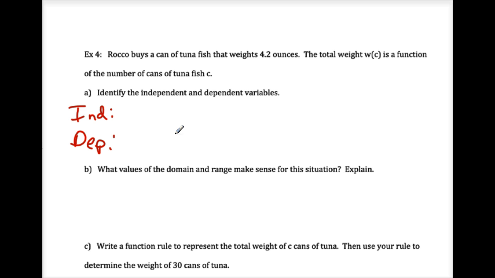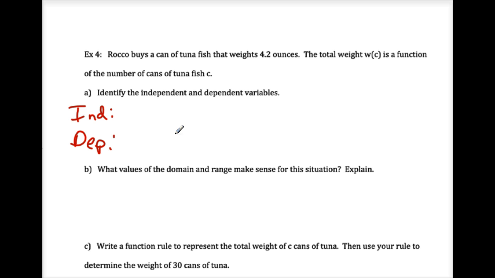Let me say it again. If you're confused about which one's dependent and which one's independent, say, does this one depend on that one, or does that one depend on this one? Does the weight depend on the cans, or do the cans depend on the weight? The weight of all of it depends on how many cans.